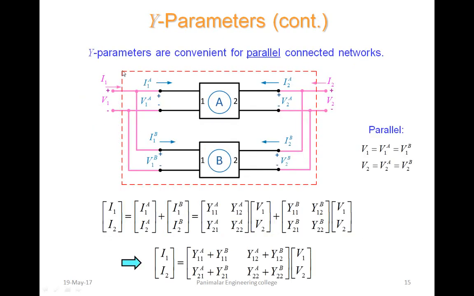And this is again connecting n number of networks together. Since it is an admittance parameter, we need to connect it in a parallel way. In parallel, voltage is going to be the same.